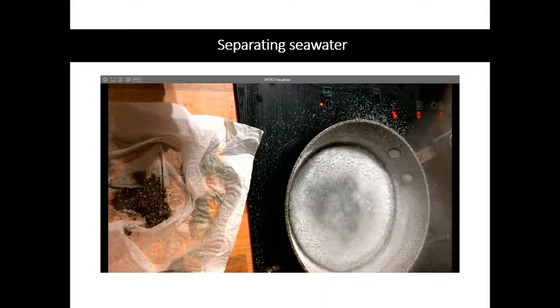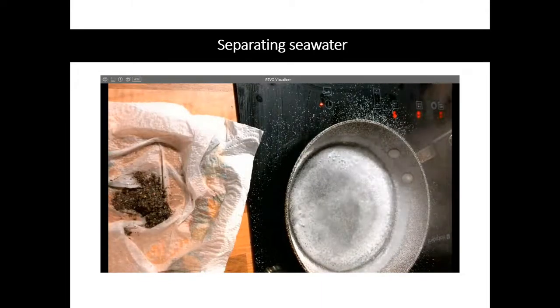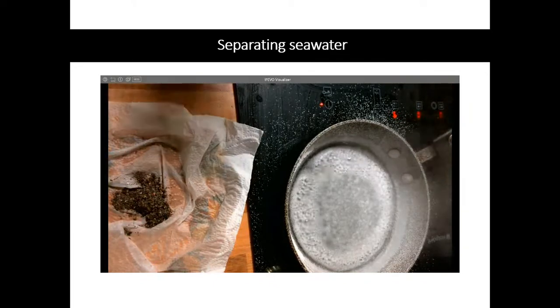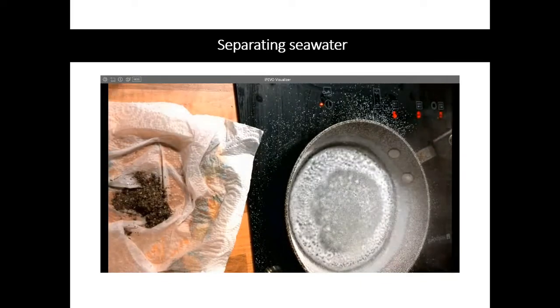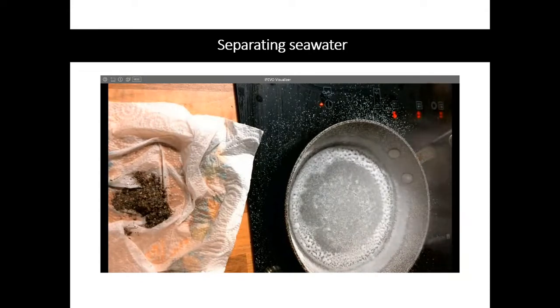I've just condensed some of the steam, the gas, back into water on my spoon there. Obviously you wouldn't get it all unless you completely trapped it, maybe with a lid, but then it's going to pour back in. So as you can see, the water has nearly all evaporated, and it has left the salt all over the bottom of my pan.